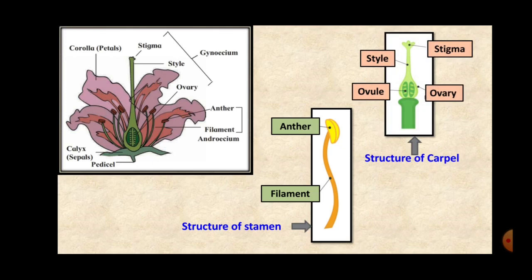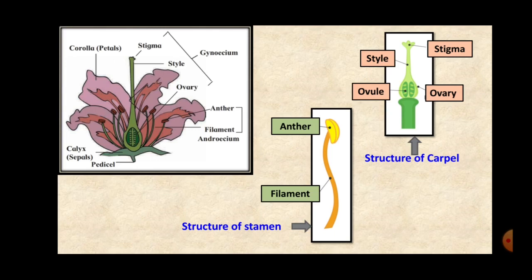Next is the female reproductive part or a single unit of gynoecium. Female reproductive part is gynoecium, and a single unit of gynoecium is called a carpel. As you can see in the picture, the uppermost part is called the stigma.